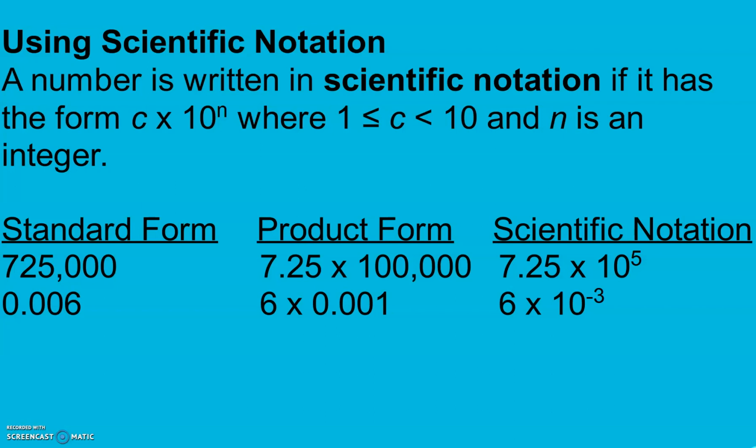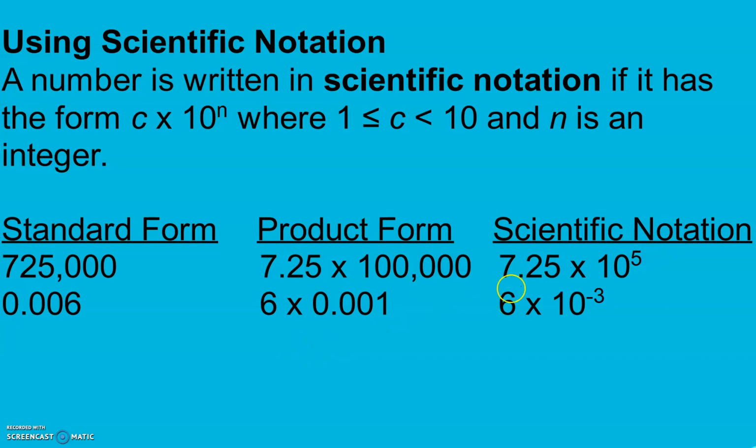Could be 1, could be up to 9, but only one number in front of our decimal, and it can't be a 0. So standard form is where it's all multiplied out. All the zeros are there. We read it as 725,000 or 6 thousandths. In product form, it tells us our decimal times our power multiplied out.